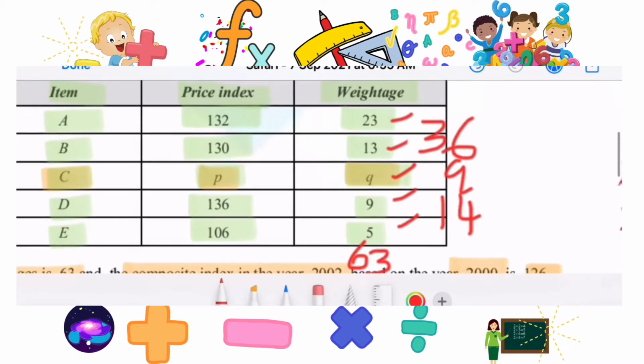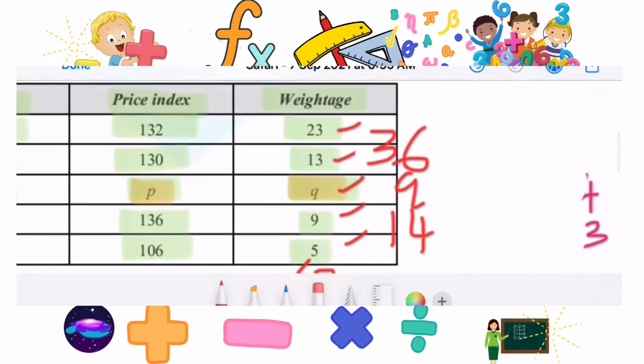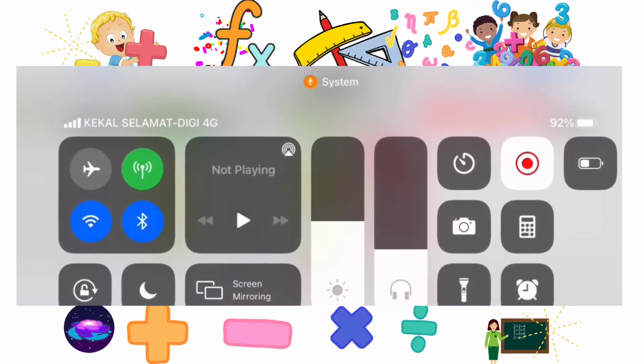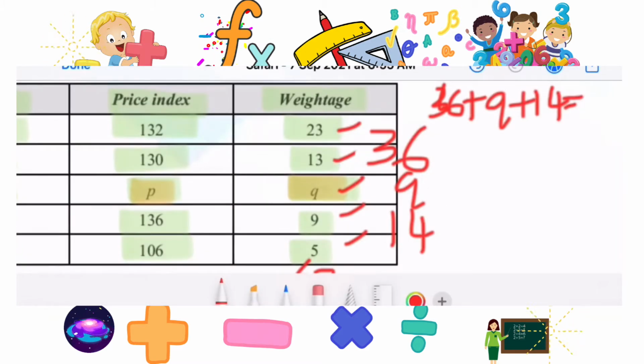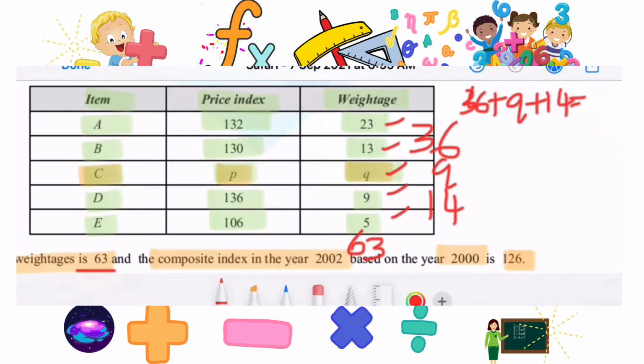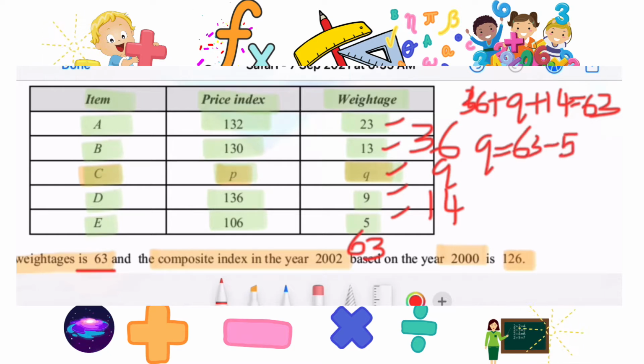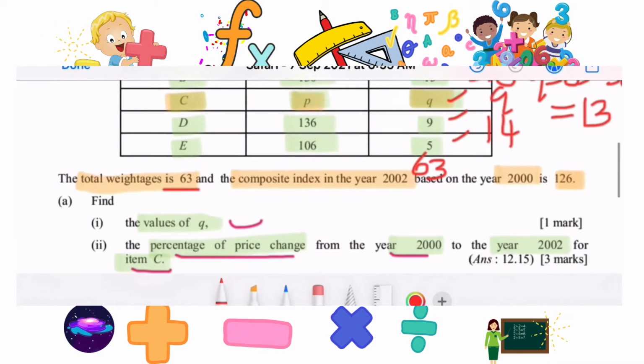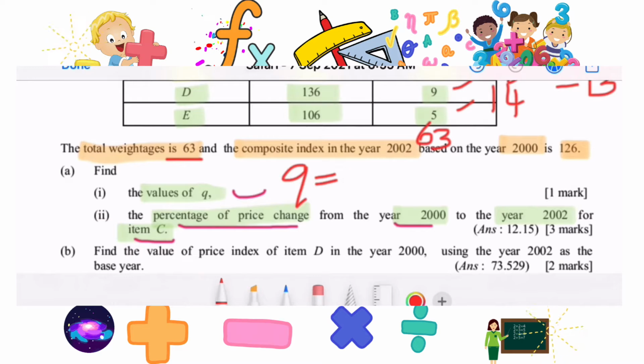So we can find Q by using 36 plus Q plus 14 equal to 63. So Q is 63 minus 50. The answer for Q is 13.